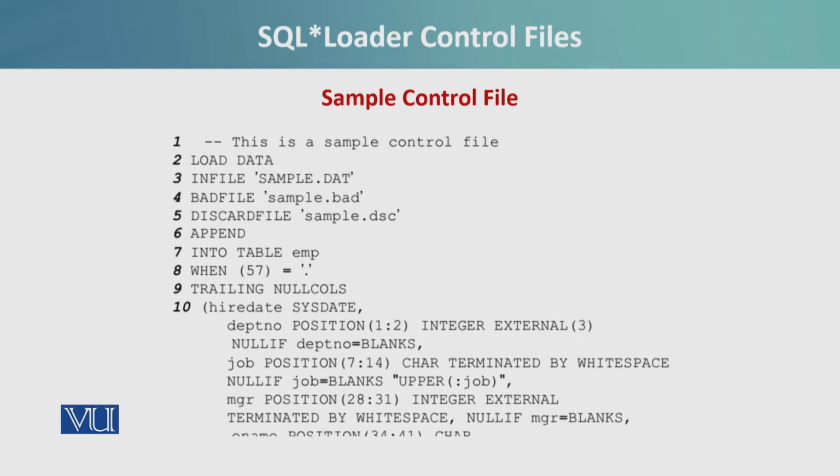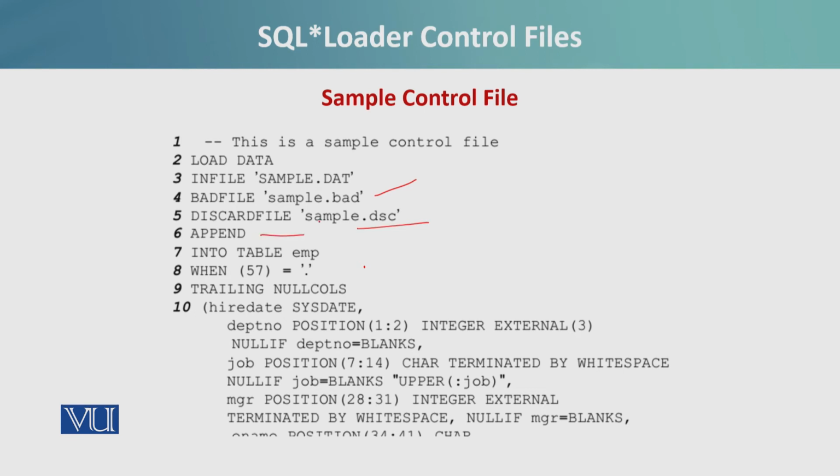In the first portion, if you look at this one, we have a LOAD DATA statement, then we have an INFILE, and in this particular infile we have an option for the bad file, meaning we have to indicate where the bad data is going. A discard file is also given here.